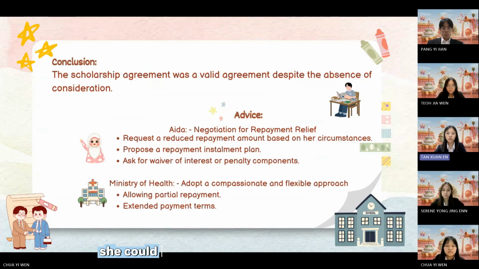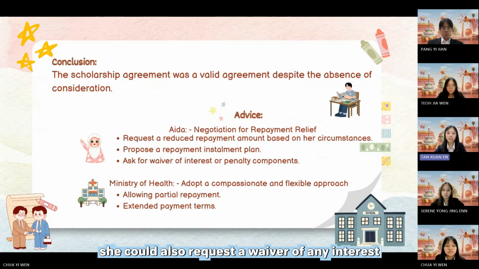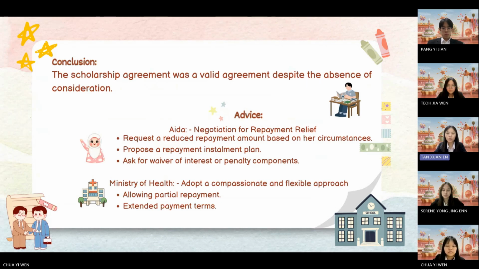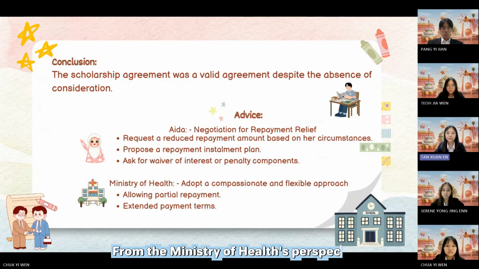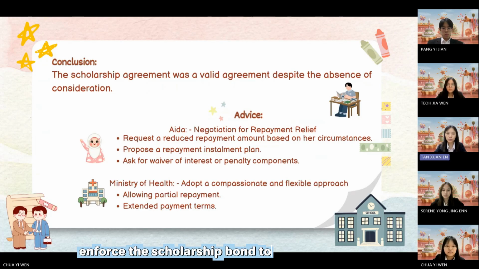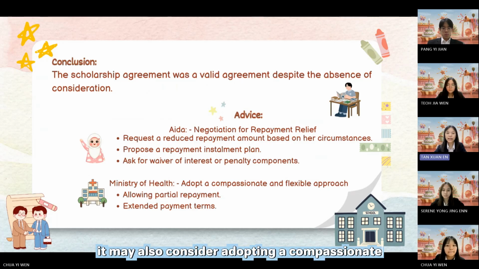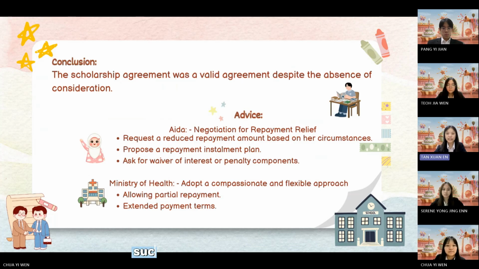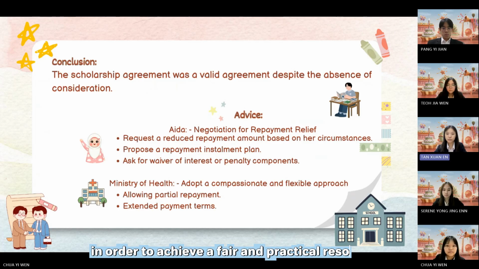Besides, she could also request a waiver of any interest or penalty imposed under the bond due to financial hardship. From the Ministry of Health's perspective, while it is legally entitled to strictly enforce the scholarship bond to protect public funds, it may also consider adopting a compassionate and flexible approach, such as allowing partial repayment or extended payment terms, in order to achieve a fair and practical resolution.